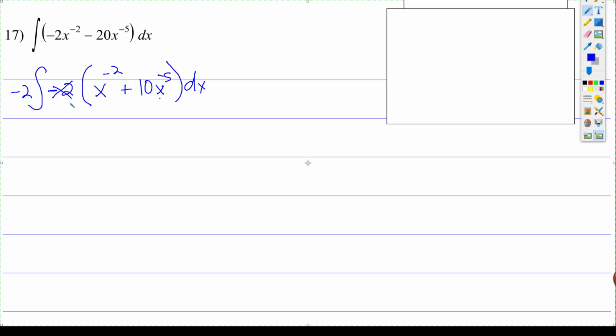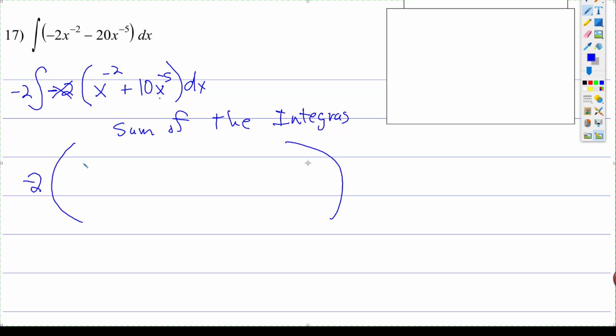So the integral of a sum is going to be the sum of the integrals. But remember, negative 2 is on the outside, so we're going to do negative 2 times the integral of x to the negative 2nd dx plus the integral of 10x to the negative 5th dx.